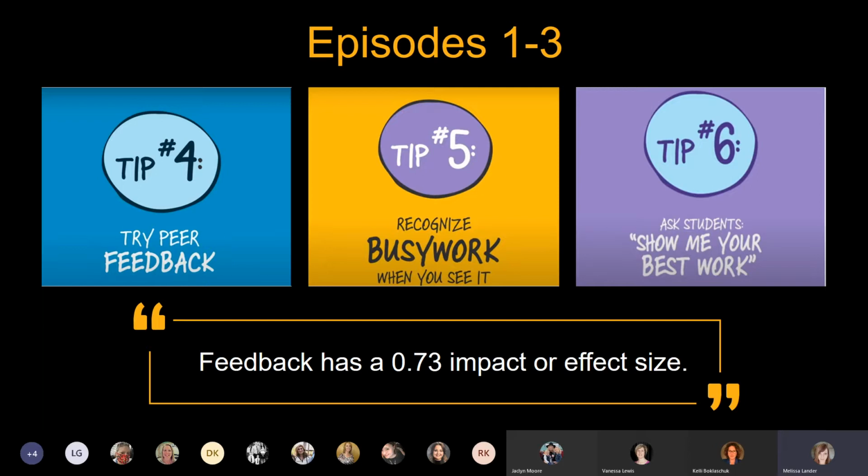And we also looked at recognizing busy work, and that you don't necessarily have to provide feedback for the busy work. That's just often working towards more of a mastery type of thing. And the last tip that we looked at, which is similar to the 1 in 4 rule, except instead of you selecting the work that the students are going to show you and get some more deep feedback from you, you're going to allow the students to choose that so that they're showing their best work. And again, that helps build those assessment capable learners.